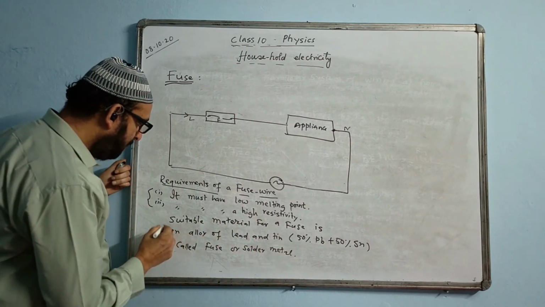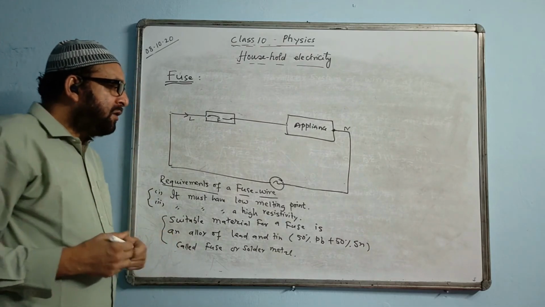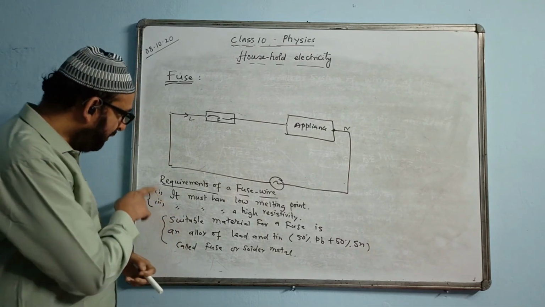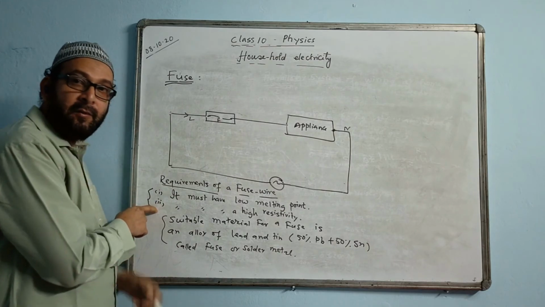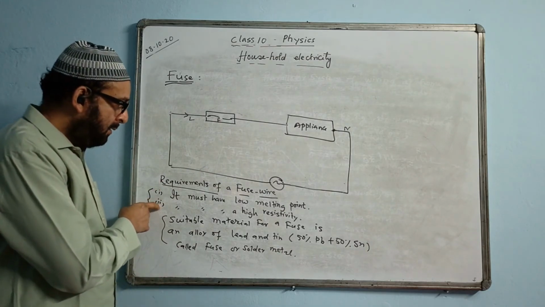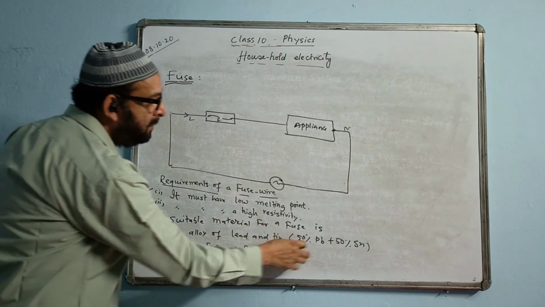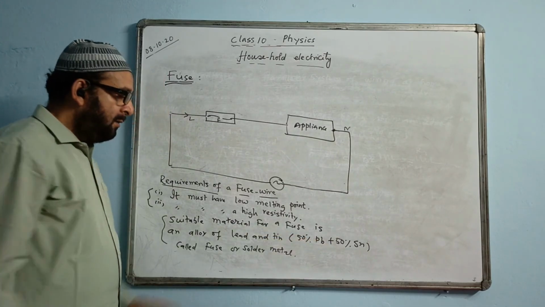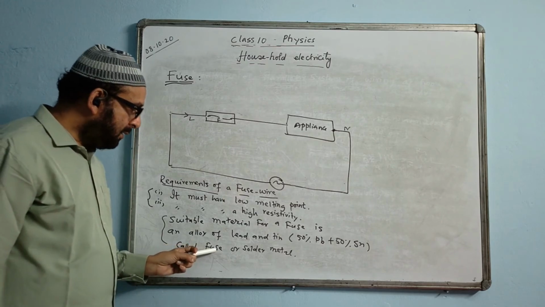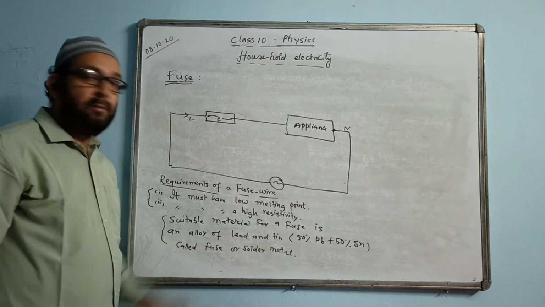This is important. Which material is suitable to make a fuse? Following these two criteria, we must go for an alloy of lead and tin, that is 50% lead and 50% tin. Such an alloy is called fuse metal or solder metal.